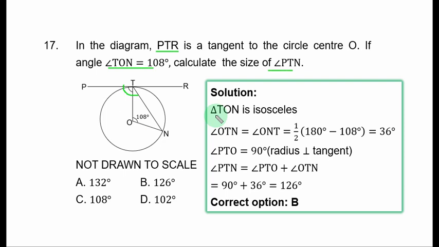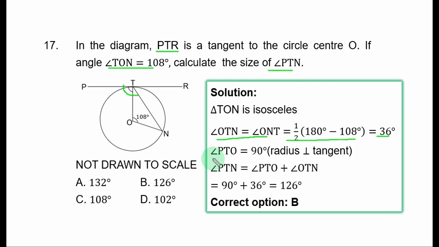Now if you add the three angles in the triangle, the sum is 180 degrees. Two of the angles are equal, that is ONT equal to OTN. So if the two angles are equal, you have 2 times one of them equal to 180 minus 108. To get any one, you divide through by 2. So the summary is this step, and that is 36 degrees.